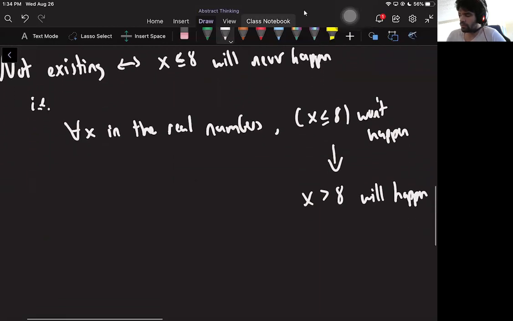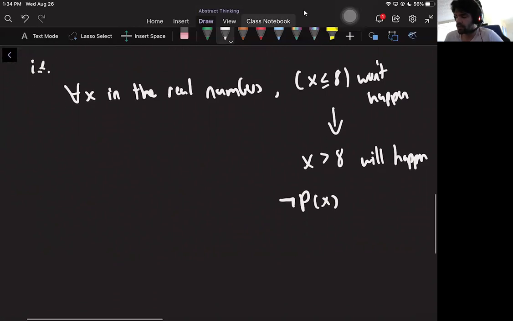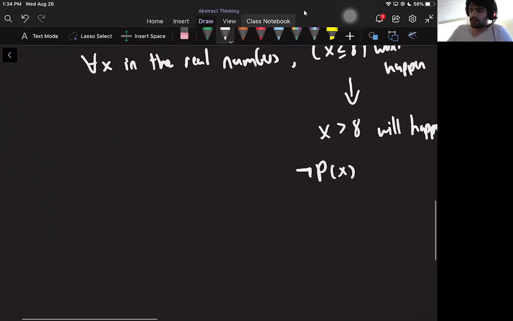In general, if you have a predicate, you are just negating the predicate. If the predicate says that something equals something, then the negation would be that it doesn't equal. If it's bigger than, it would change into less than or equal to, and so on like that. Let me write out the complete answer for this example.